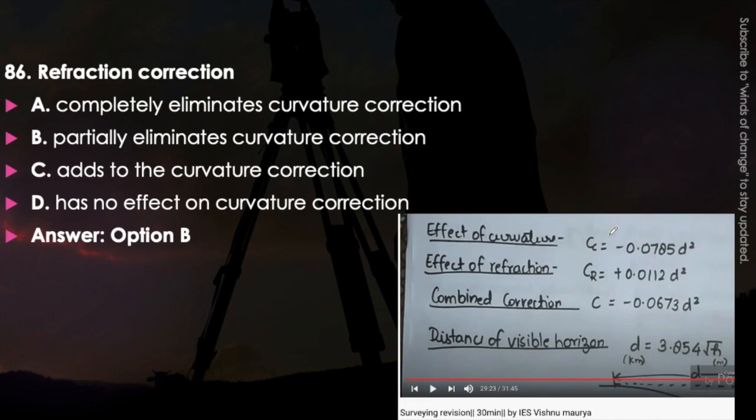Because the curvature correction formula is minus 0.0785 d square and refraction correction is plus 0.0112 d square. So the combined correction will partially correct the curvature correction, and its value will get reduced to 0.0673 d square. So it will partially eliminate the curvature correction.